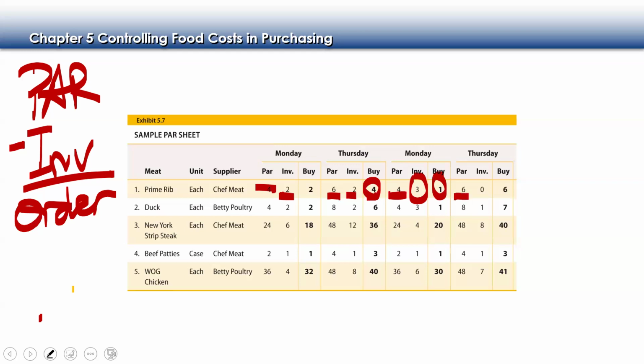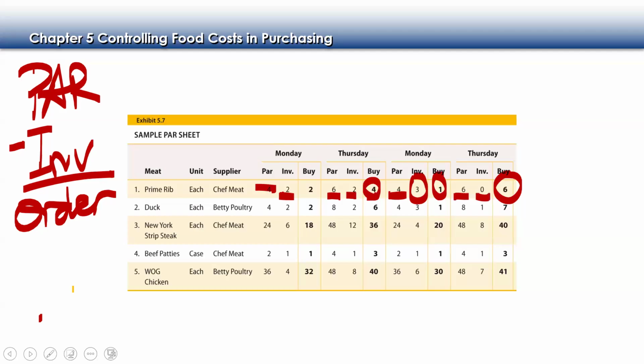Then my par is 6. I have none in inventory. I'm going to go ahead and buy 6 this time. Okay, so purchasing just what we need to get up to par is going to allow us to make sure we're not wasting product. We're not ordering too much. Okay. Any questions on how this works? The ordering process. We're going to go through a few examples.